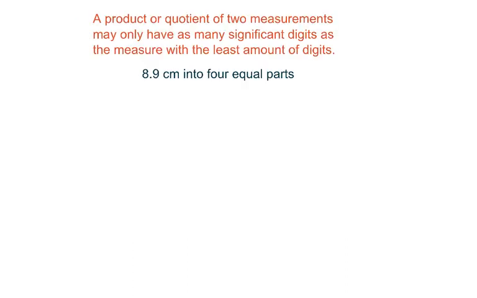Okay, write this down. It says a product or quotient of 2 measurements may only have as many significant digits as the measure with the least amount of digits. This one I can kind of get behind. So let's say they wanted to take a measurement of 8.9 centimeters and break it into 4 equal parts. So in order to do that, I would take 8.9 and I'd divide it by 4.